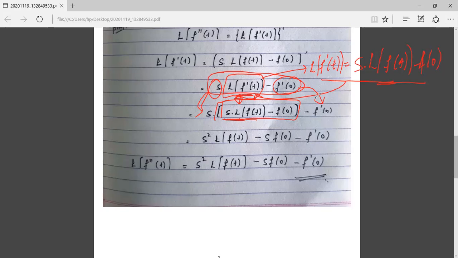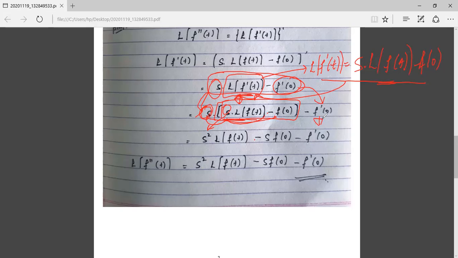Now, when we multiply, we get s times s, that is s square, times the Laplace transformation of f of t, minus s times f of 0, and the remaining f dash of 0.